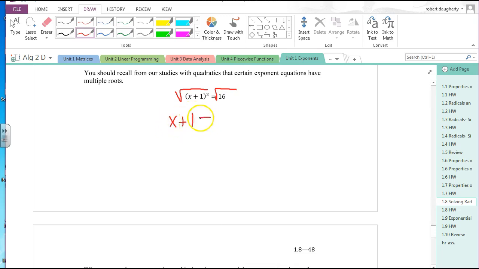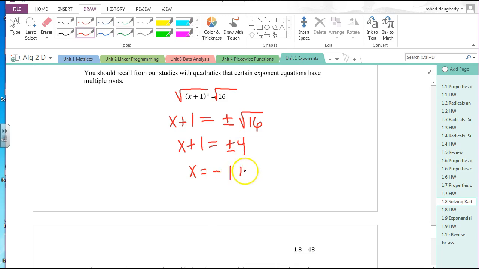I wrote an equal, and there was a big memo that went in your head. What was the next thing I wrote? Plus or minus, okay? X plus 1 equal plus or minus square root of 16. What's the square root of 16? 4. So x plus 1 equal plus or minus 4.